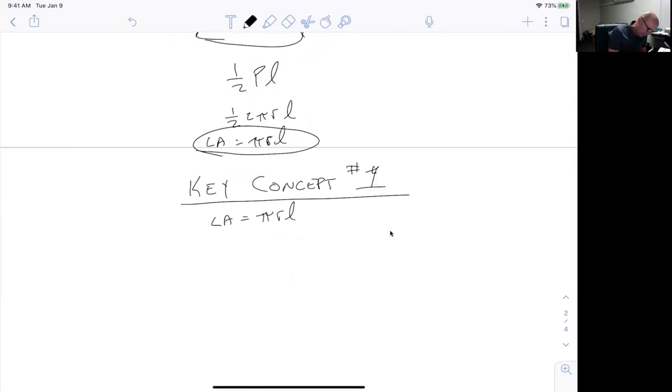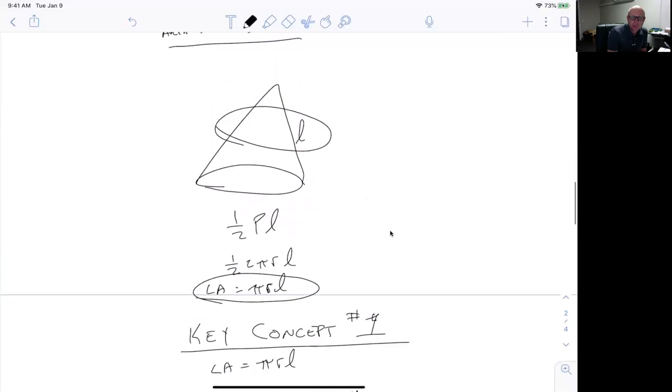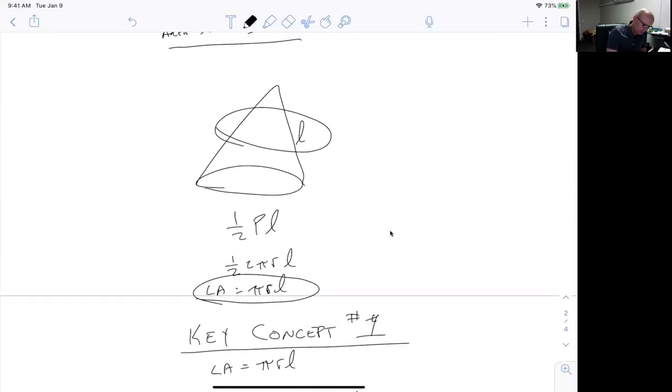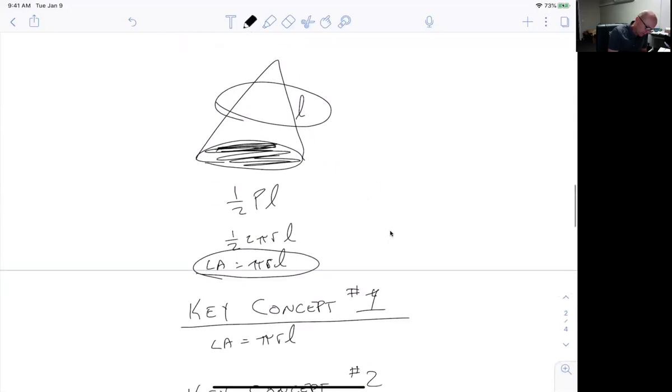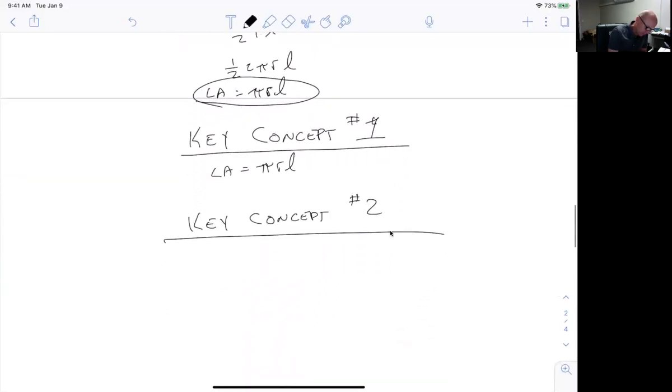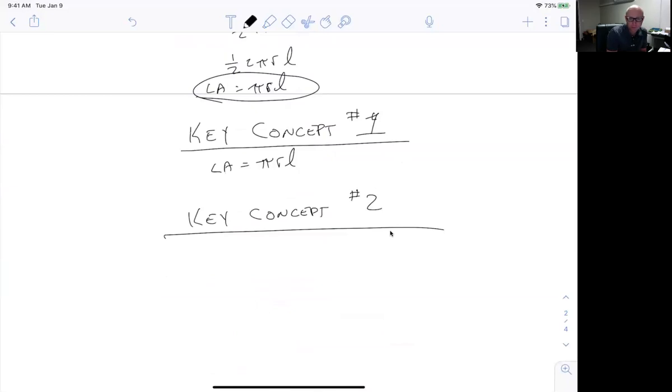Okay, now if I wanted to find the total surface area of a cone, which will be key concept number 2 for today. These should be in your notes for sure. Think of this cone. Well, I found the lateral surface area of this cone by taking pi r times the slant height. Now I just need to find the area of the base. How do I find the area of a base, which is a circle? It's pi r squared, right?